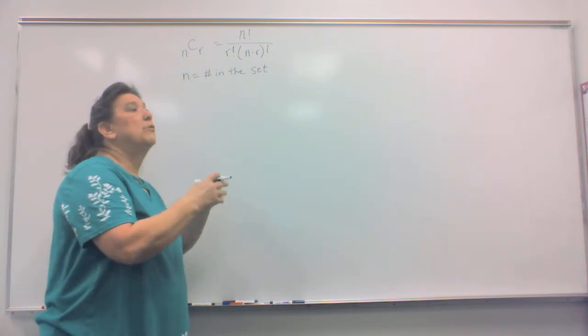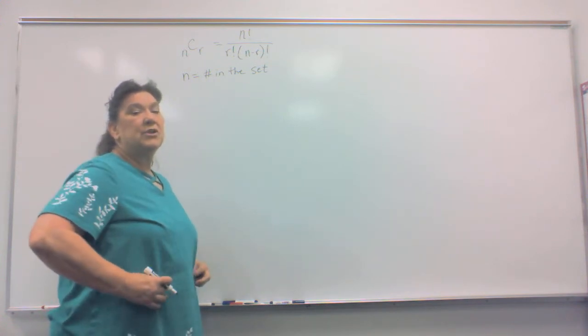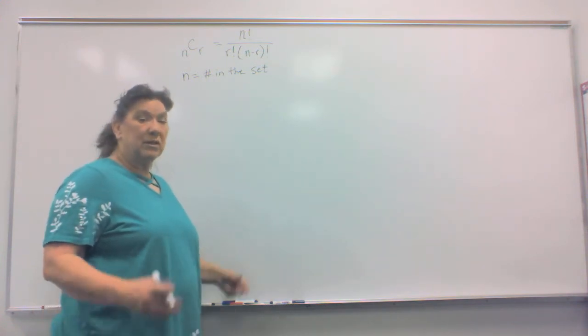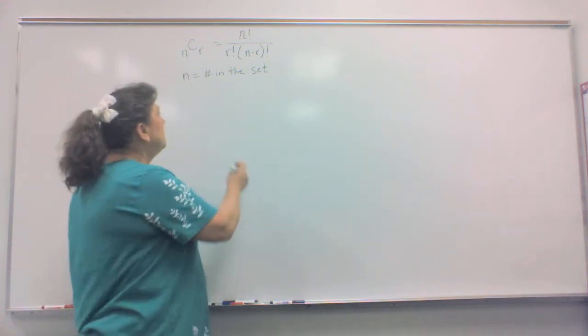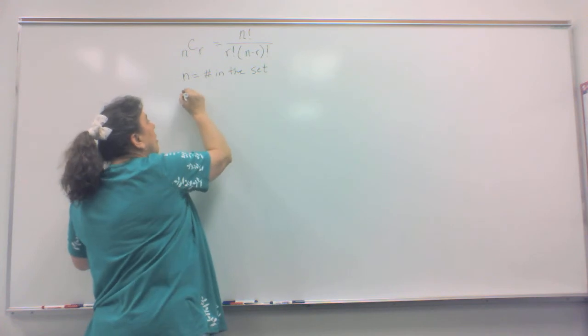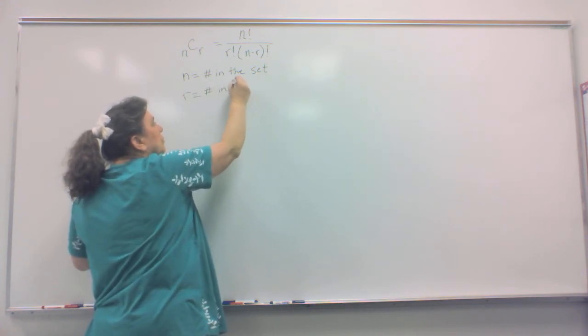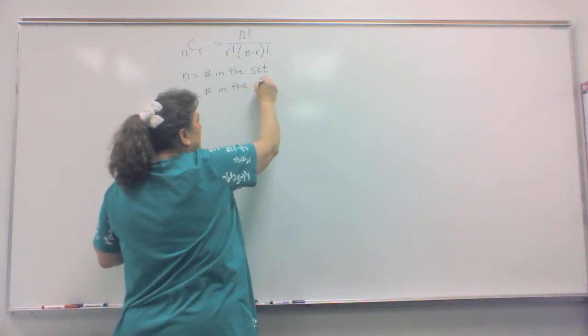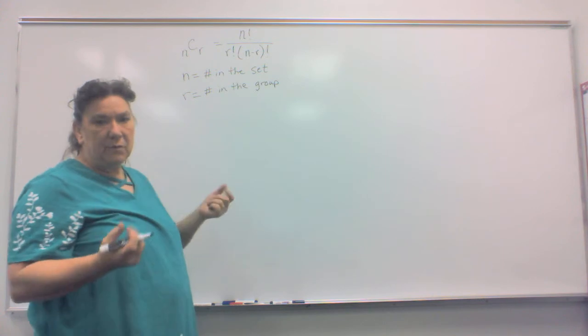If it's the number of possible digits, it's 10 digits. If you're talking about the members in our class, that would be 6, okay? So it just depends upon what the set is. r is the number in the group that is being selected. So if I'm pulling a group of 3, then that would be my group.